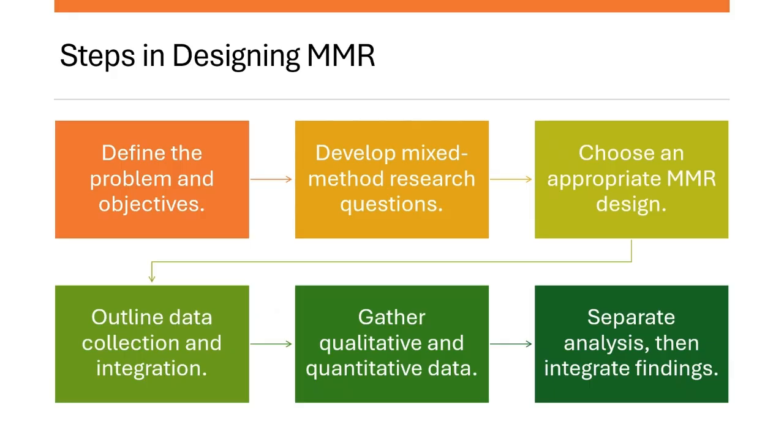Okay, so in terms of the steps in designing a mixed method research design, as with any project, we would define the problem and the objectives. Now you need to remember that you would need objectives for both phases as well as the integration phase.